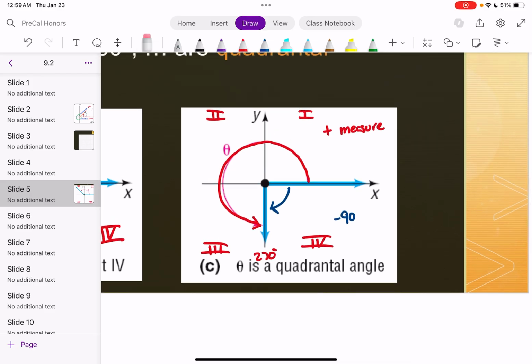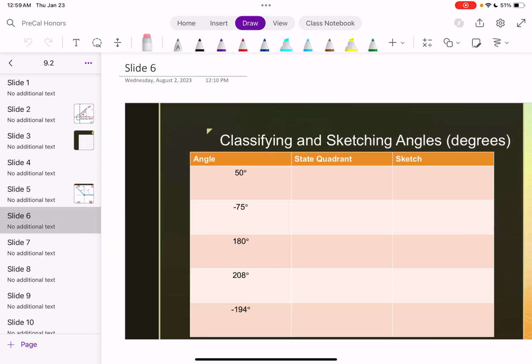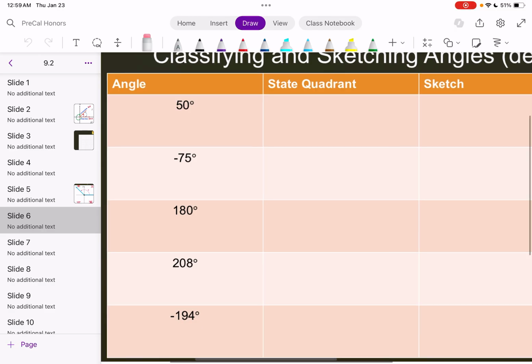Let's go ahead and take a look at slide 6. In slide 6, we have sample problems for us to work on to help go over how to find the quadrant as well as how to sketch it out. We'll go ahead and start off with angle 50. Now keep in mind this is less than 90, or it is between 0 and 90, which in this case would be quadrant 1.